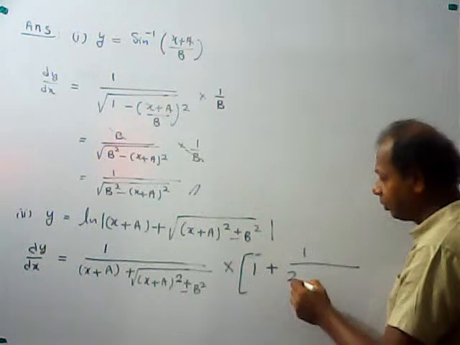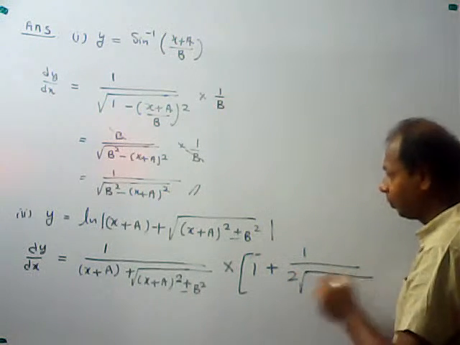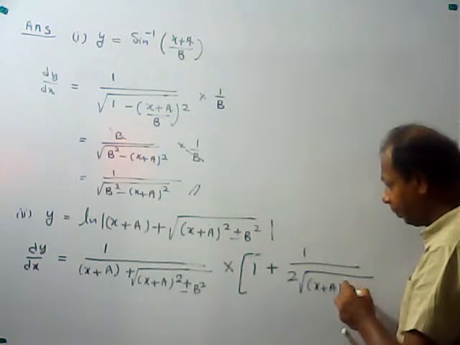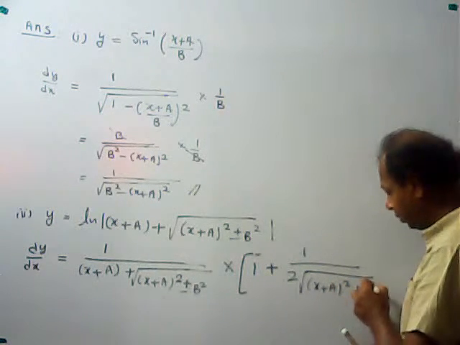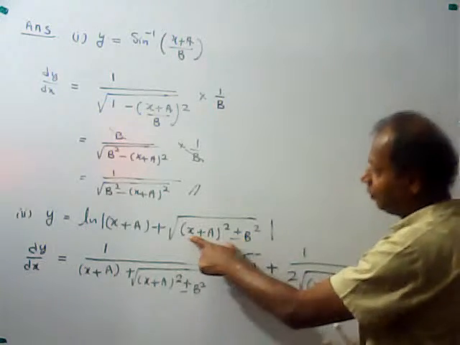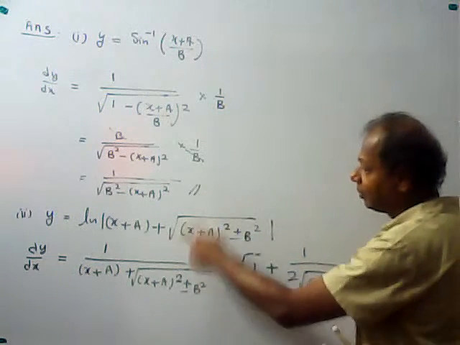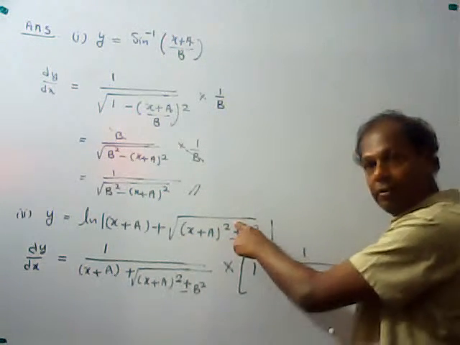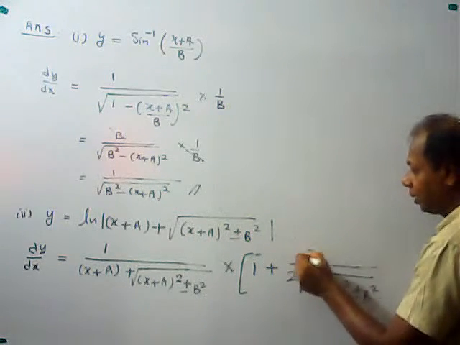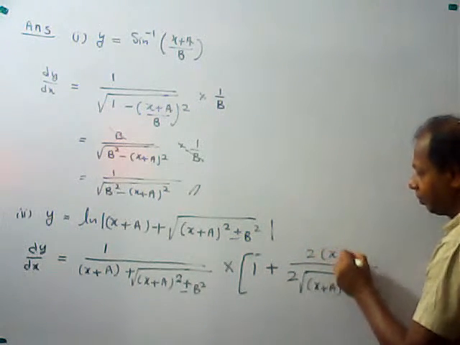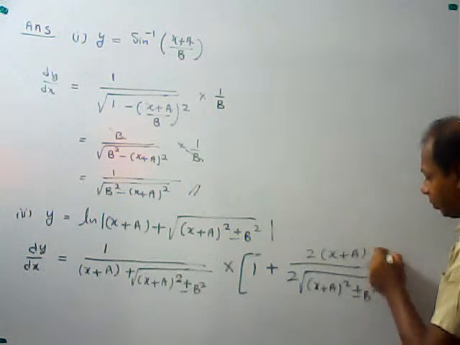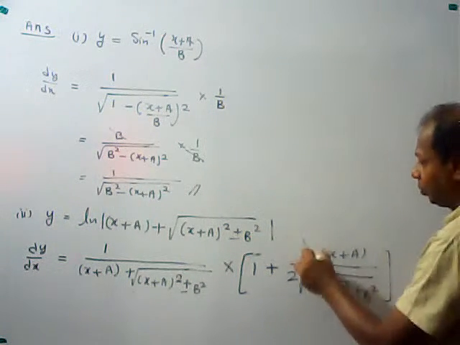Power minus half means 1 over square root of x plus a squared plus or minus b squared, further into the derivative of the inner function. The inner function is this x plus a squared, so differentiating, you get 2 times x plus a plus this constant, of course, 0. 2 gets cancelled.